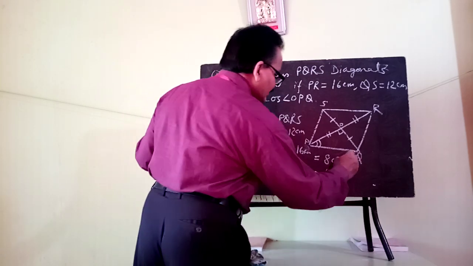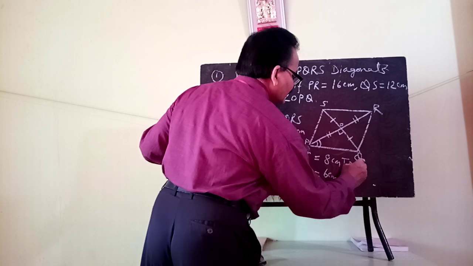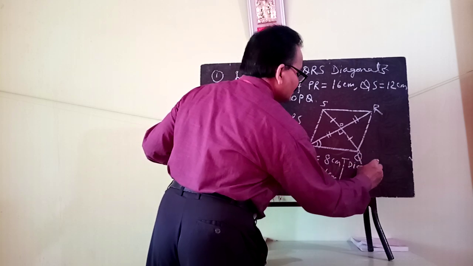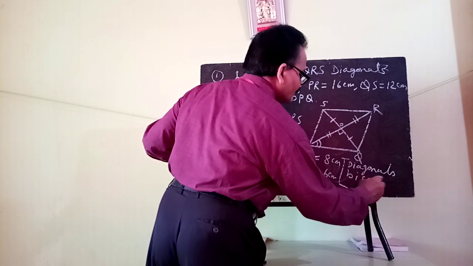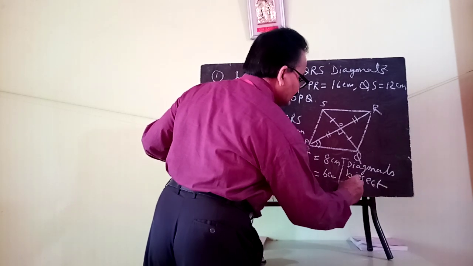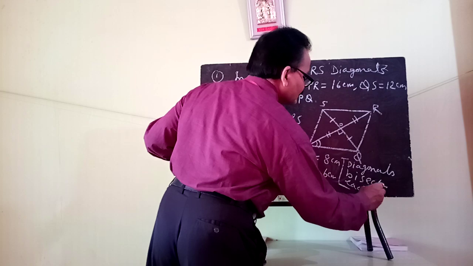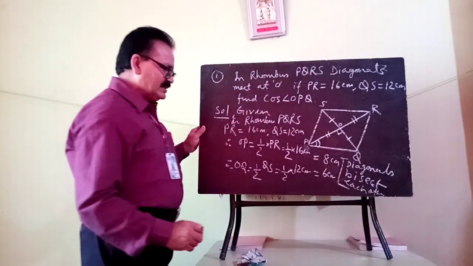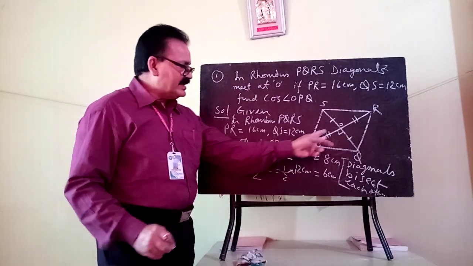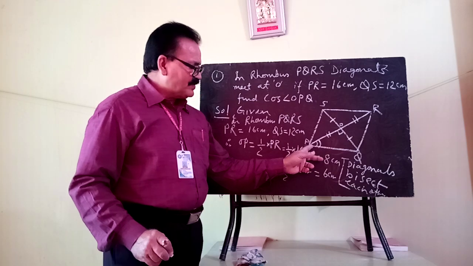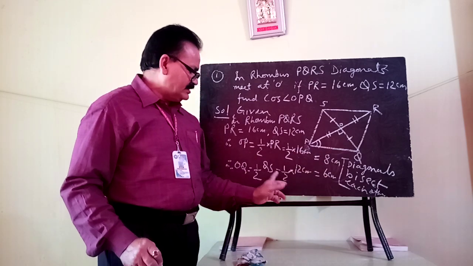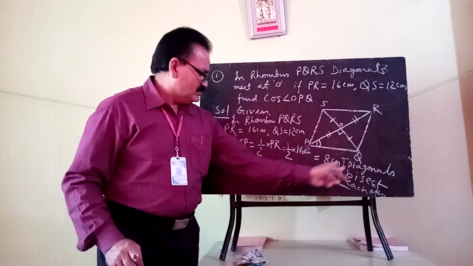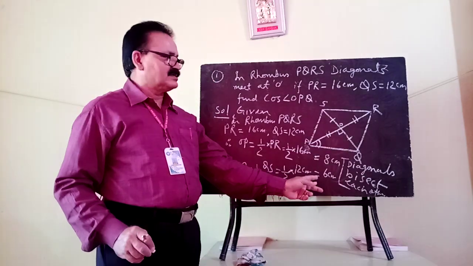You have to write the reason: diagonals bisect each other. So the length of OP is 8 centimeter and OQ is 6 centimeter.